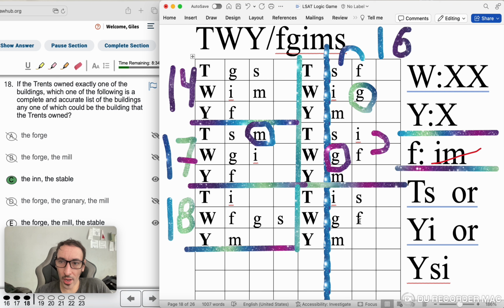So more variables with Y, I and M are not with F. If T owns S, that means that is the rule.